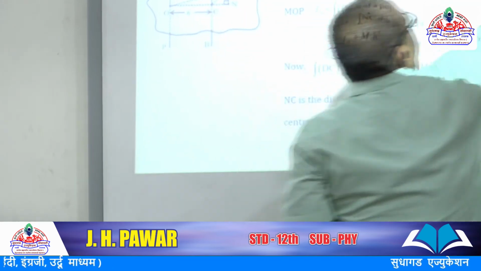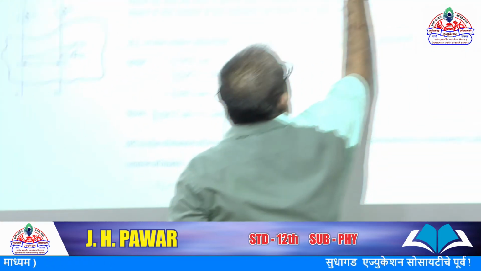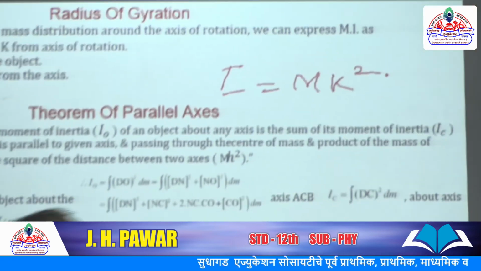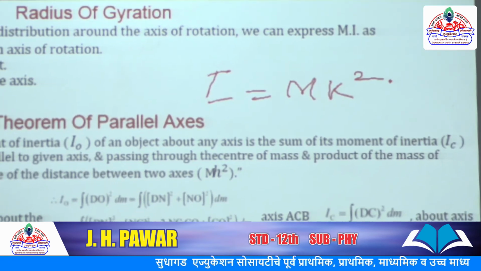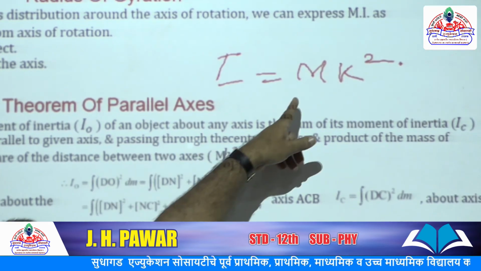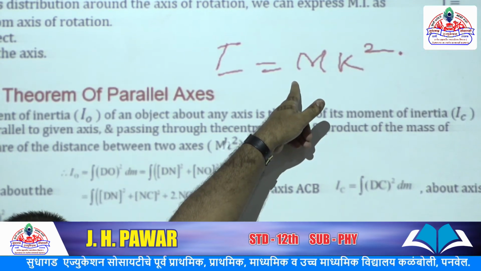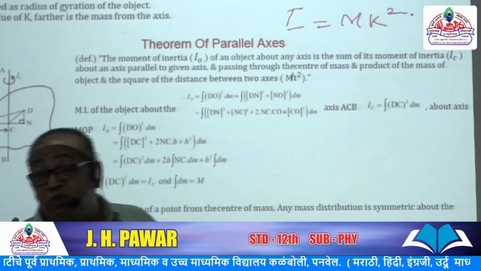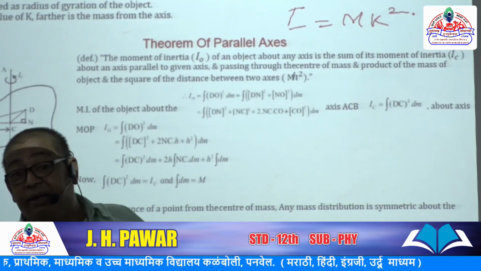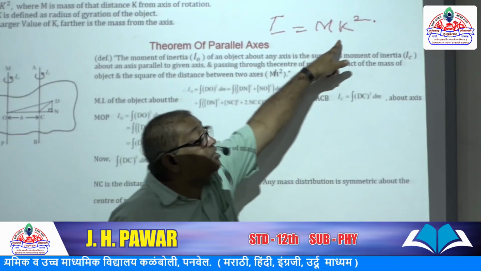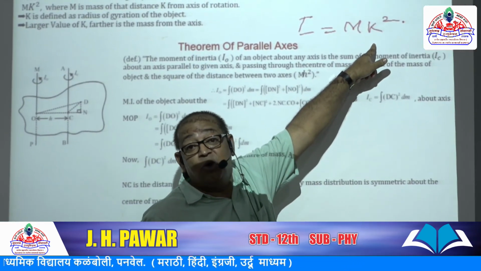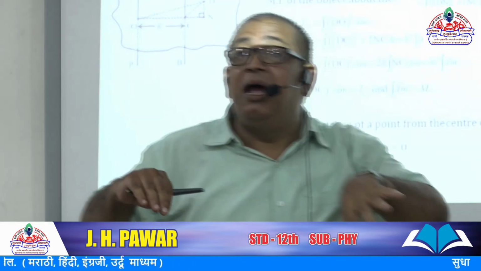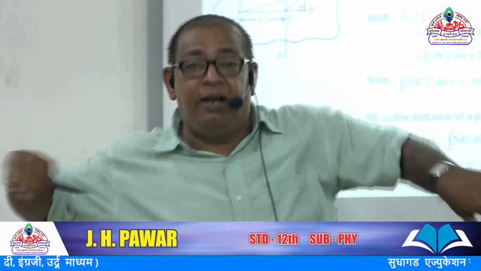Directly you can take here I equals mk square. Here m is the mass of the body and k is the effective distance from which the mass of the body is rotated. This k is called the radius of gyration. With the help of this concept, we can separate mass and distance separately.